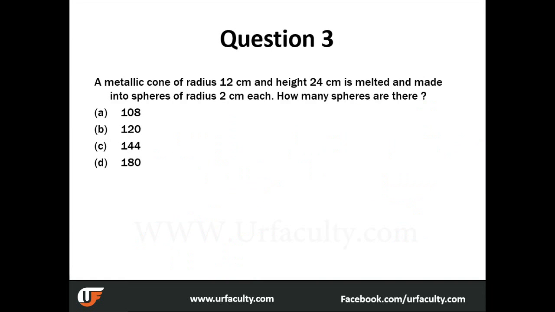A metallic cone of radius 12 centimeter and height 24 centimeter is melted and made into spheres of radius 2 centimeter. How many spheres are there? Same question, right? Like how we did the first one. So I will not try to draw here. I will straight away write the answer as volume of cone is equal to something.